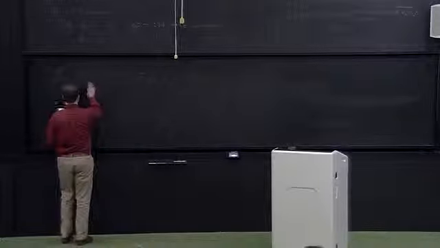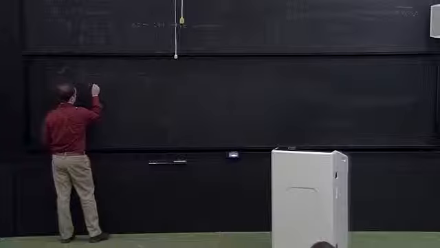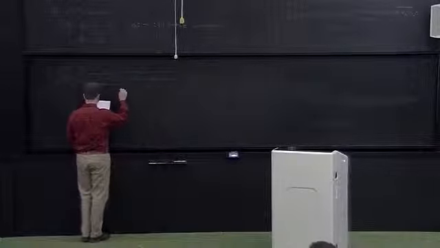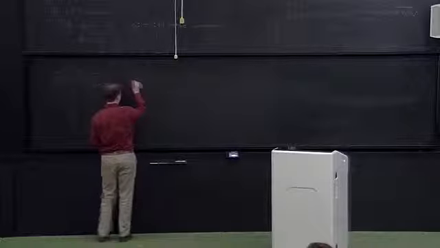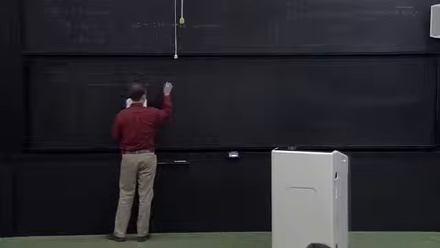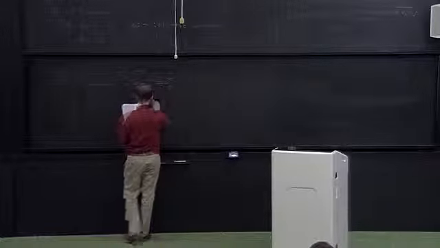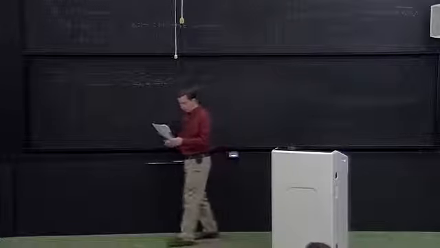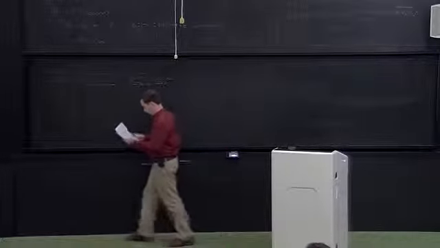And also assume that x1 naught is greater than x2 naught, etc., is greater than xm naught. Otherwise, we could relabel. So this would just simplify the time ordering.